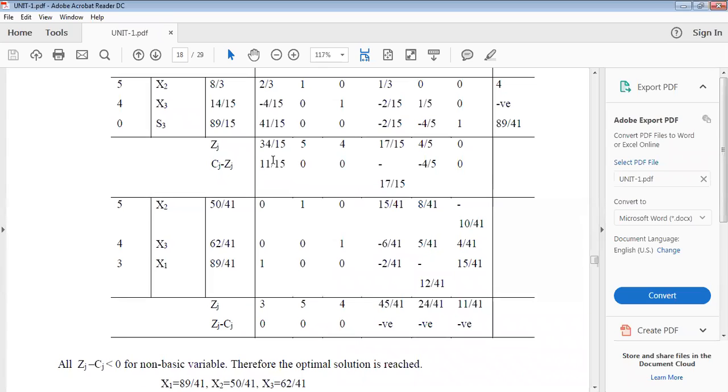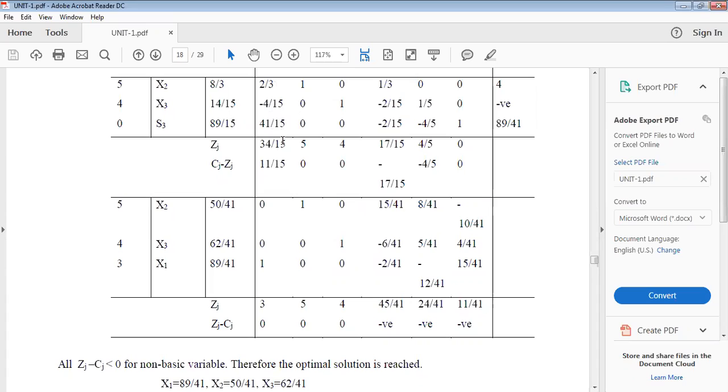So this is the entering column. The entering column elements are 2 by 3, 4 by 15, minus 4 by 15, 41 by 15. You have to divide the equation constants by these column elements.